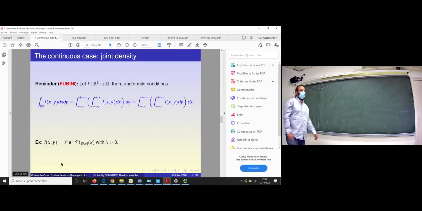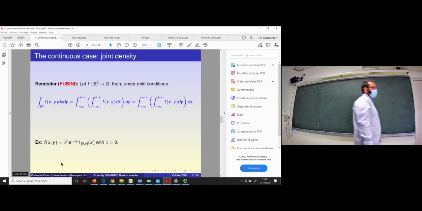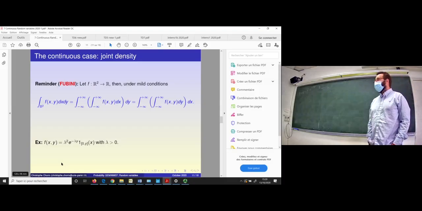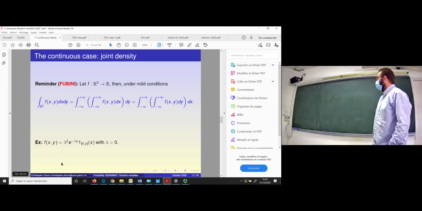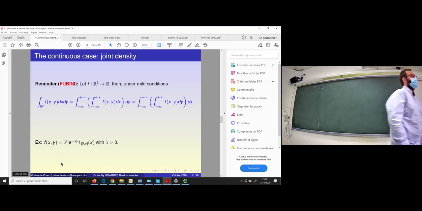I have said from my previous remark that I can compute the integral in the order I want. First, I can compute the integral with respect to x, and then compute the integral with respect to y. What do you want to do? x or y? It will give rise to the same thing, but sometimes it's clever to do it on one side and not the other. So which side would you prefer to do?